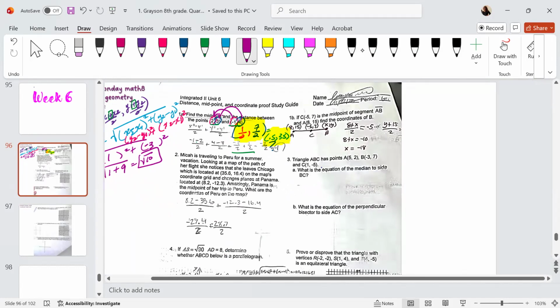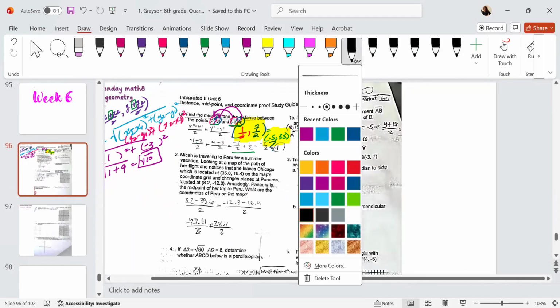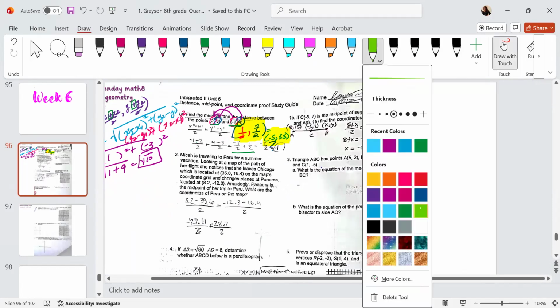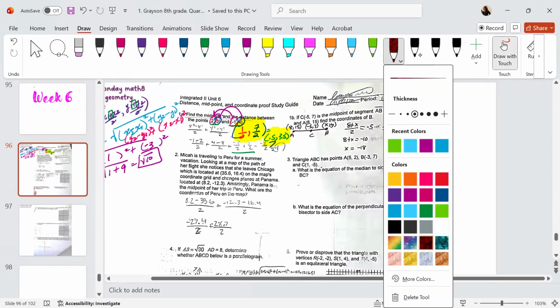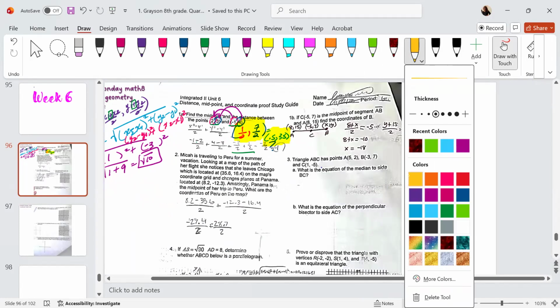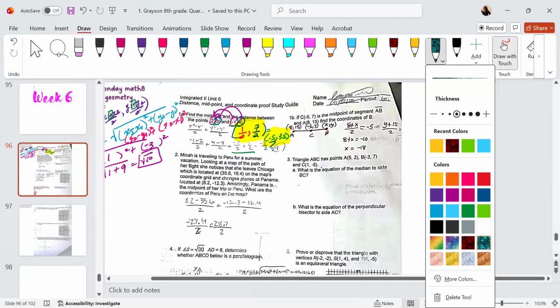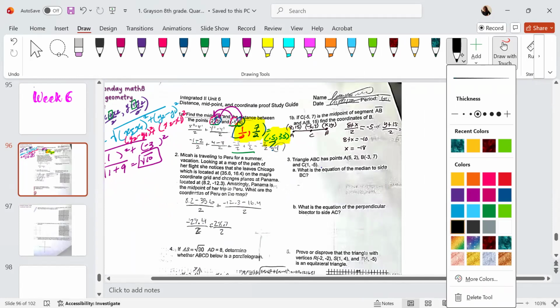1B, read. Go, please. I'm not doing this with you. Let's go. If C is the midpoint of segment AB and A, find the coordinates of B. What's your plan? What are you going to do?